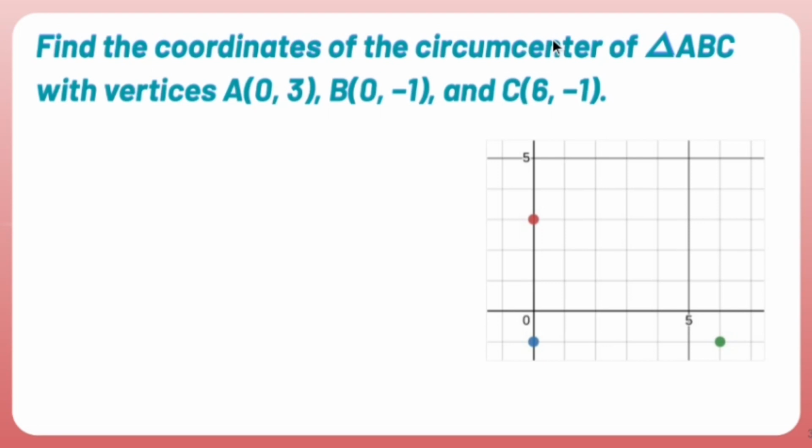Find the coordinates of the circumcenter of triangle ABC with vertices A (0, 3), B (0, negative 1), and C (6, negative 1). Well, let's just pretend that we have a nice little triangle here. So I'm going to draw the triangle. And there's two ways that you could describe what a circumcenter is.